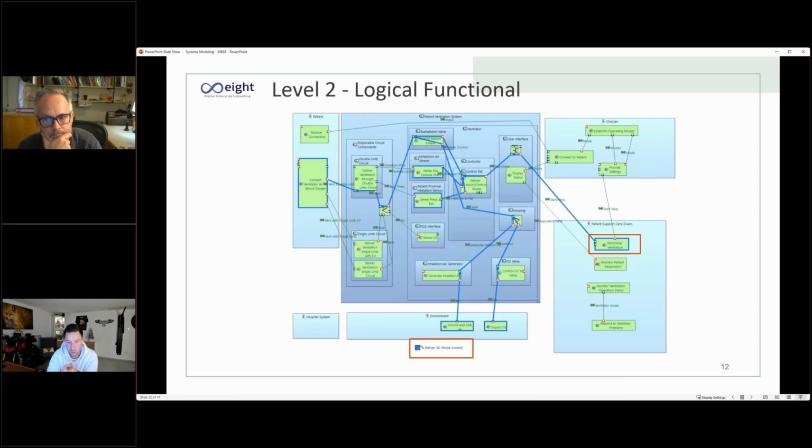And also when you're following the blue line, the functional chain again, we will meet functions which we also had on the first level, like the last one, of course, at the patient side, convert the ventilated air.